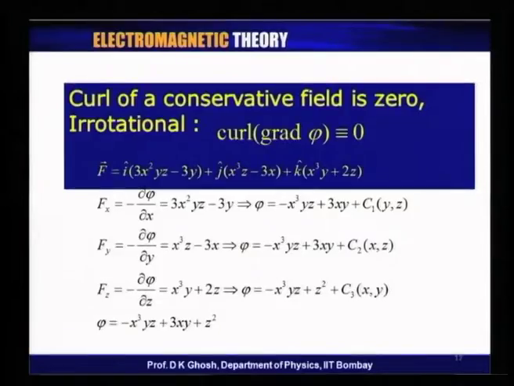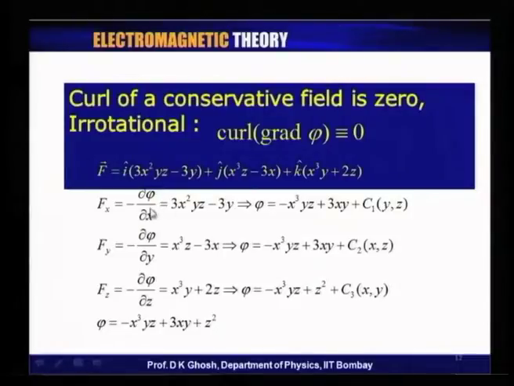Now, here is a little more tricky example, or a little exercise. The exercise is absolutely straightforward. Given a force field, which is known to me to be a conservative field, how does one go back and calculate the scalar function phi?